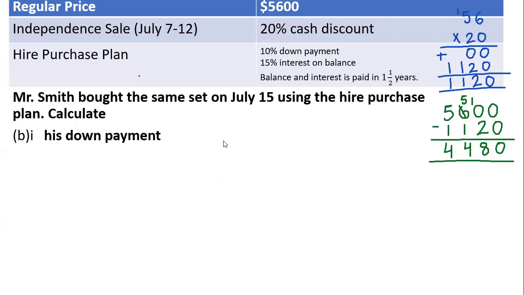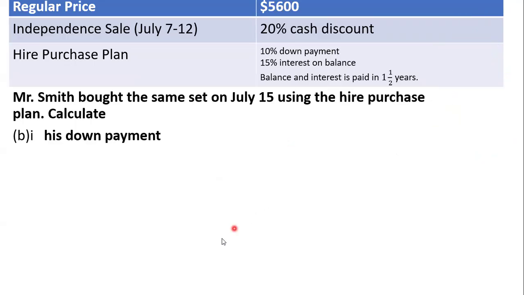Remember the regular price. By subtracting 10% of 5,600. Go ahead, Layla. By subtracting the percentage from the amount. Which percentage? 10%. Okay, good. So it is a 10% down payment. 10% of what? Of the original price, the regular price.